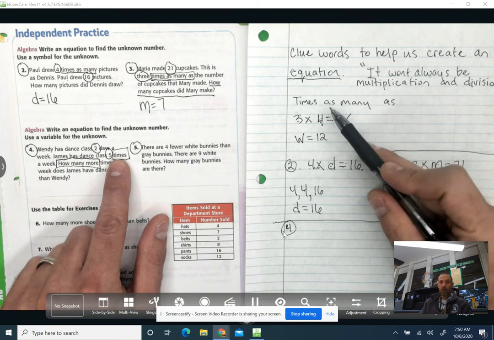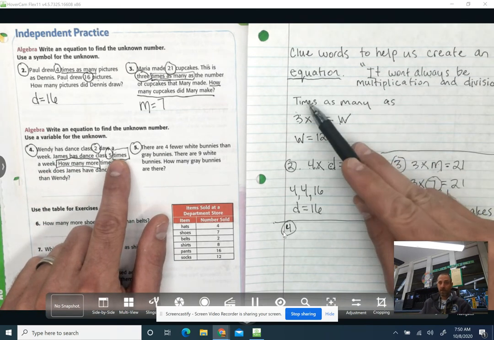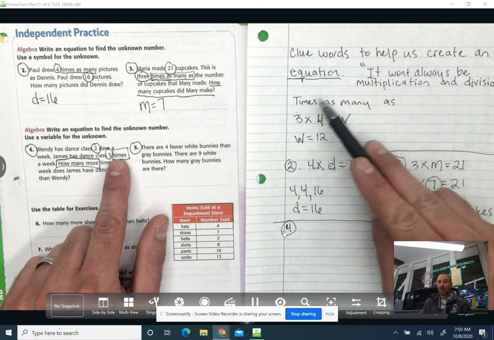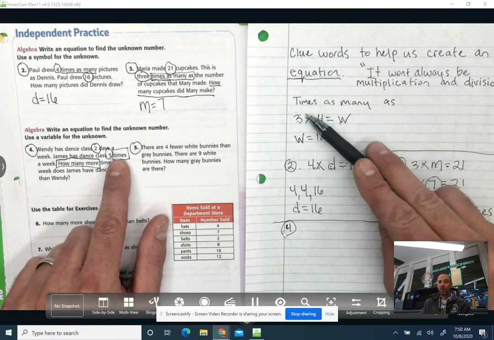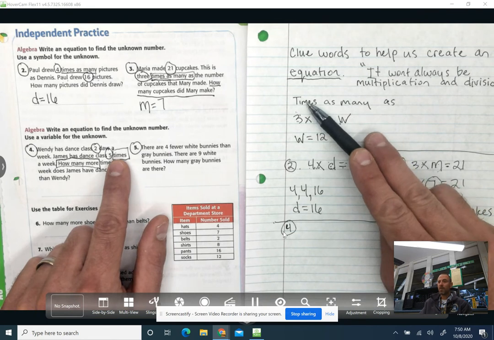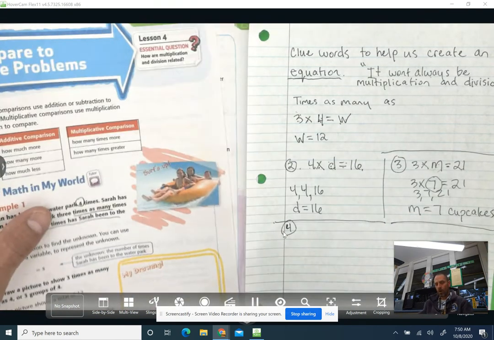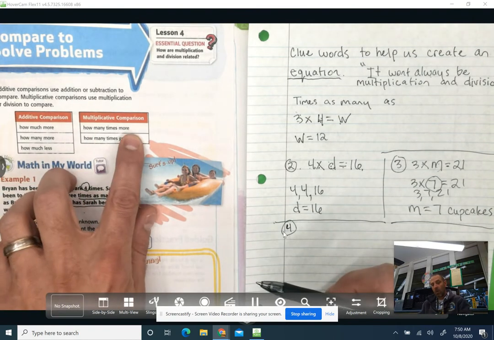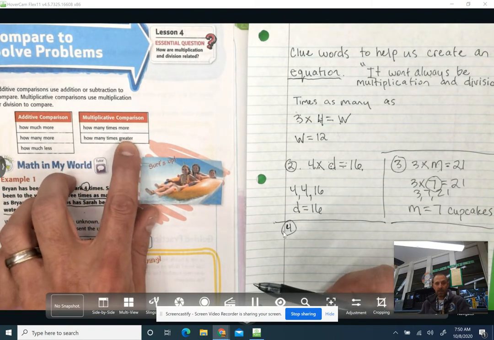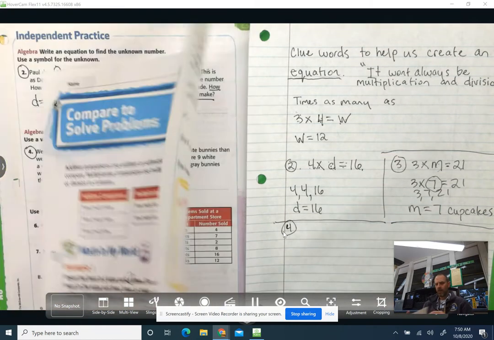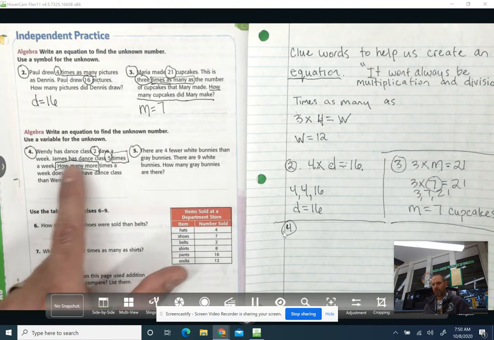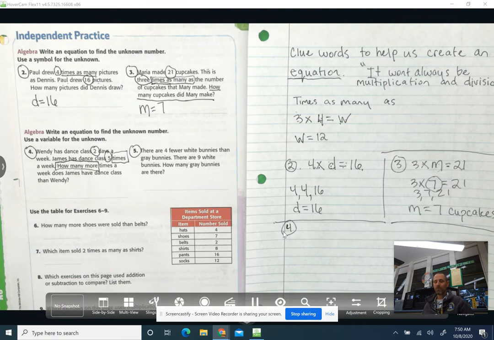Our clue phrase that tells us that we're multiplying is times as many, right? So if it has the word times, but it doesn't have times as many, or how many times more, or how many times greater, right? If it just says 5 times a week, that doesn't mean multiplication.